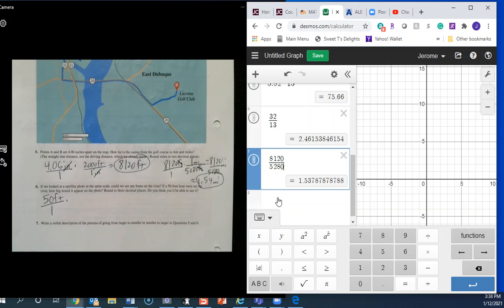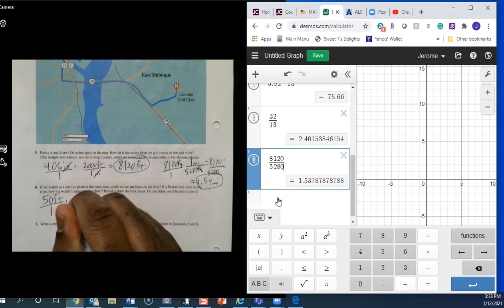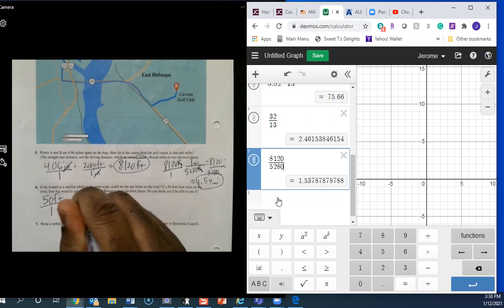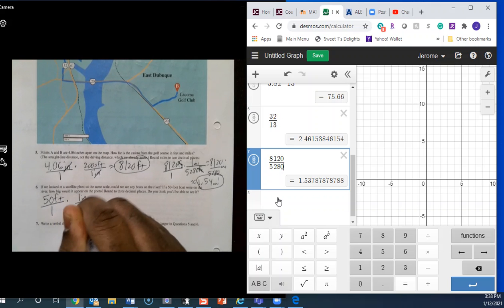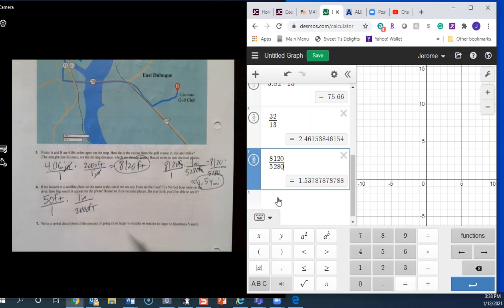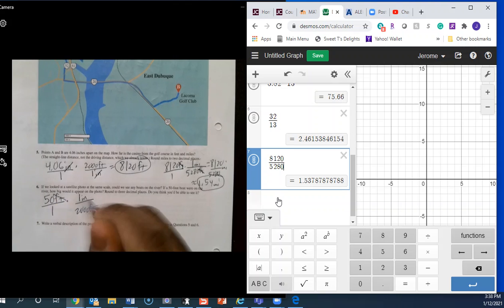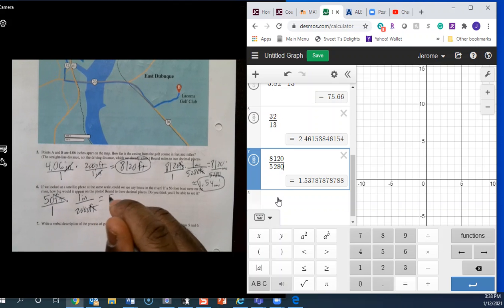Now, they asked us here, how big would it appear in the photo? Now, if it's a 50-foot boat, remember, 1 inch on here is equivalent to 2,000 feet. So these feet would simplify out.